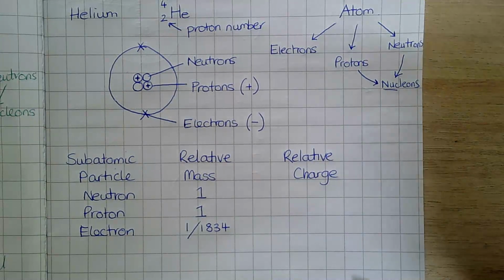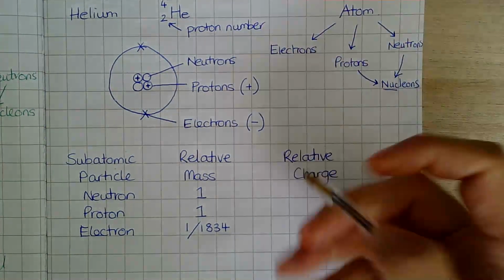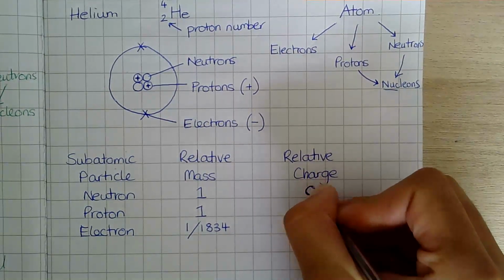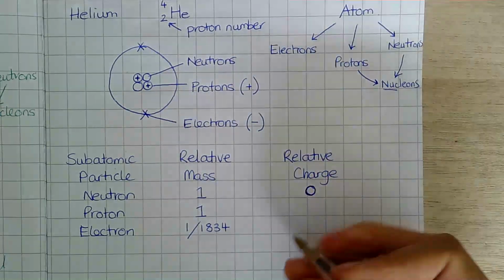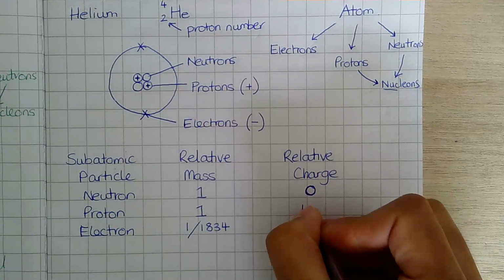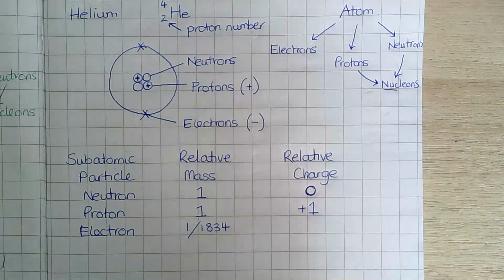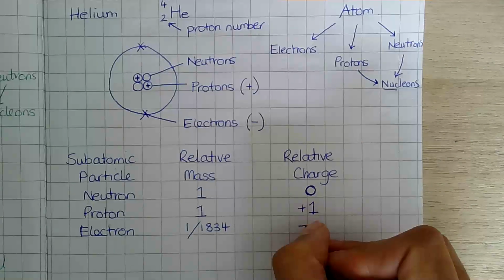And then the relative charges. Well, we said that neutrons are neutral, so they have a charge of 0. Protons are positive, so they will have a relative charge compared to a neutron of +1. And electrons have a relative charge compared to neutrons of -1.